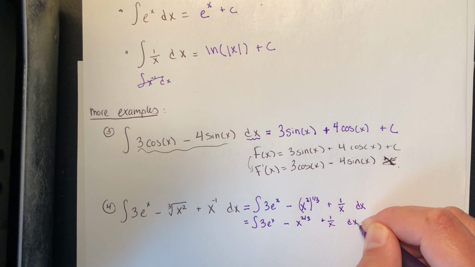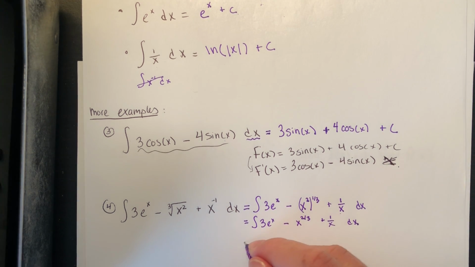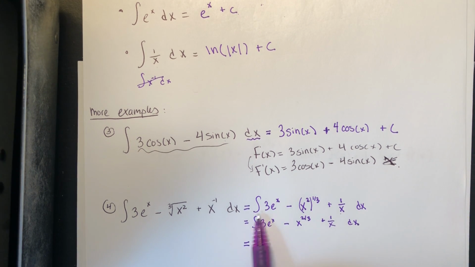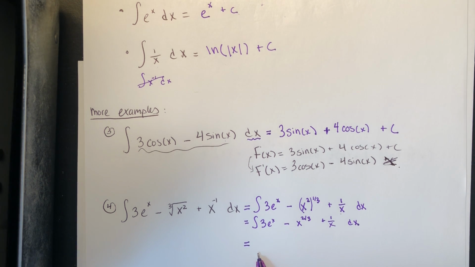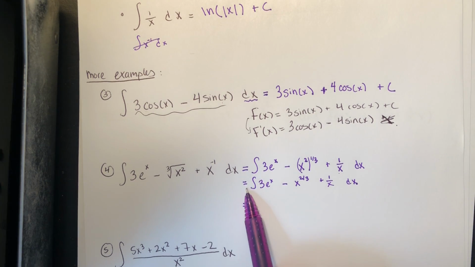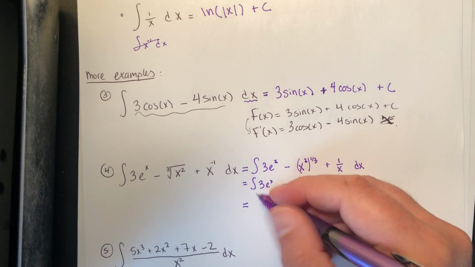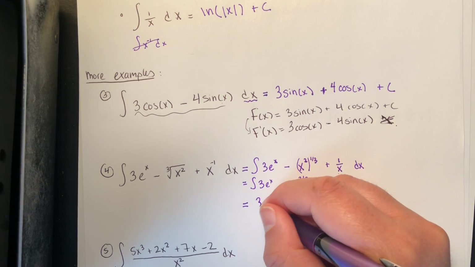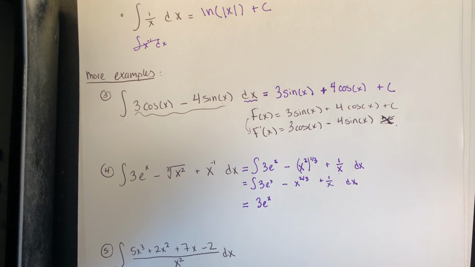with respect to x. And now I can finally take the antiderivative. All I've done so far is rewrite this original thing. Now I'm going to actually take the antiderivative. When I take that antiderivative, I can stop writing the integral sign, right? Stop writing that little curvy s thing. And I get the antiderivative of 3e to the x is 3e to the x.